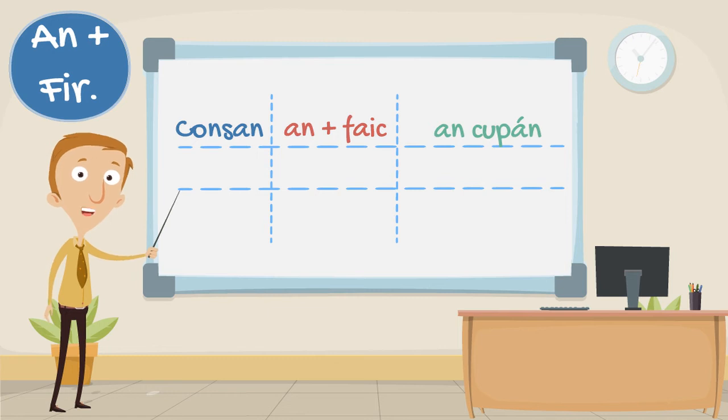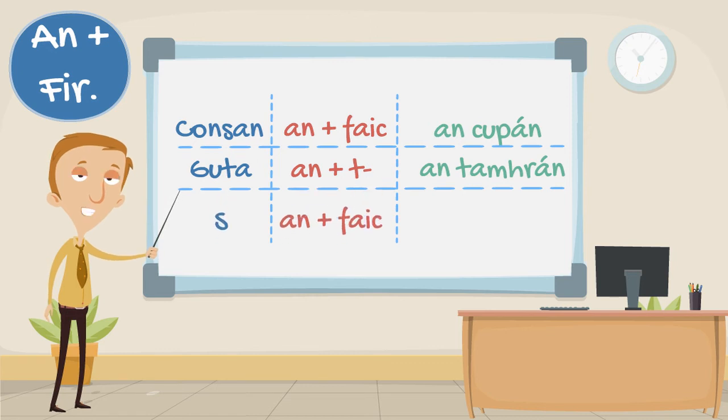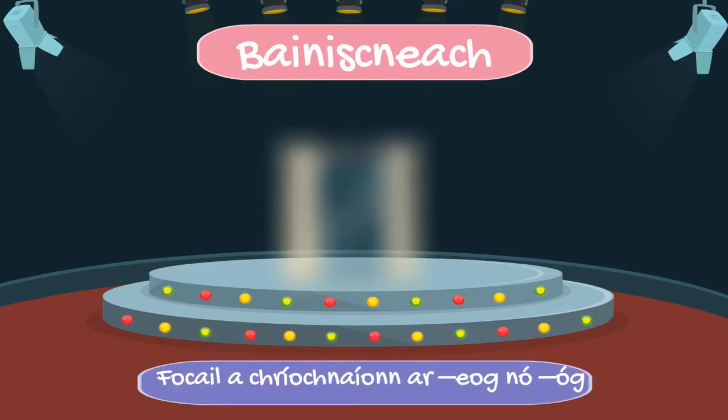When 'an' comes before a vowel, we put a T hyphen before the vowel. For example, an t-amhrán, the song. When 'an' comes before an S, there is no change. An sagart, the priest.